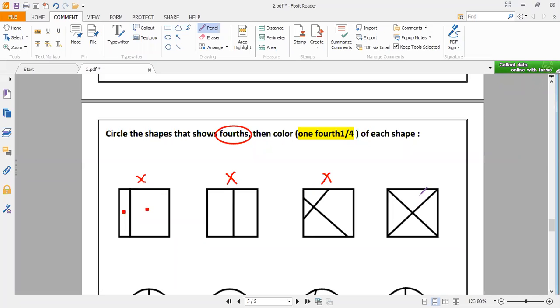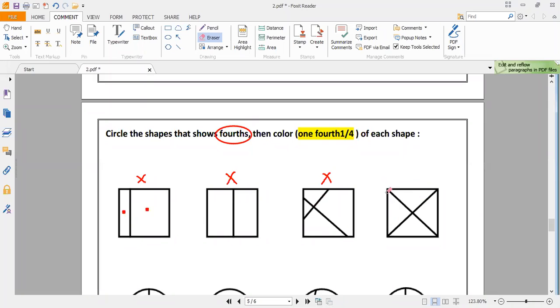The parts here look the same. There is no difference between them. Look at the shape here. They are not equal. Here we have a small triangle, and here another shape, and another shape different. All the parts are not the same. So this is not fourths.